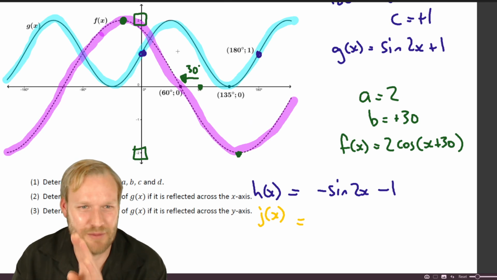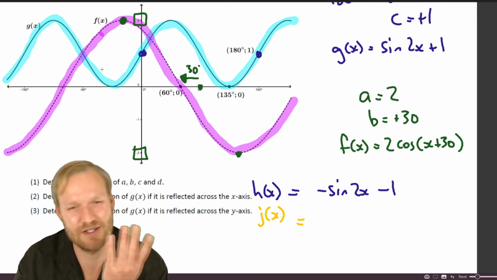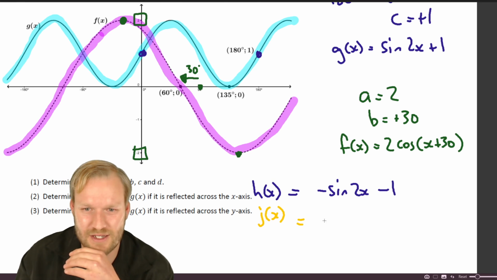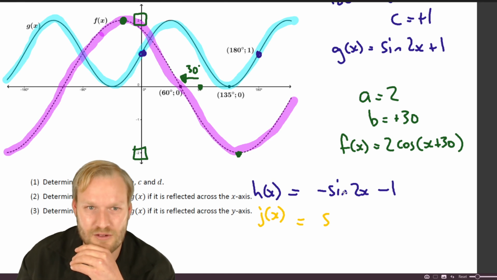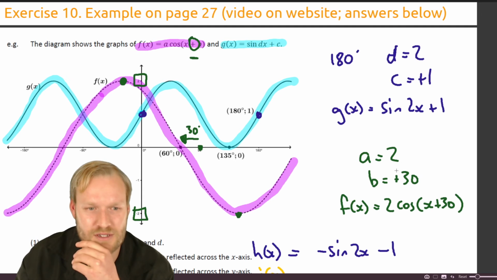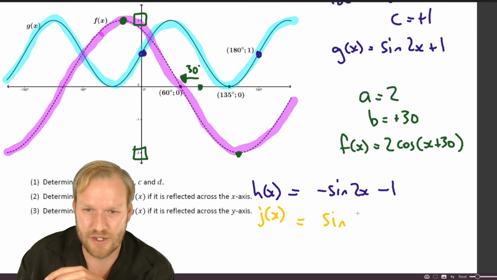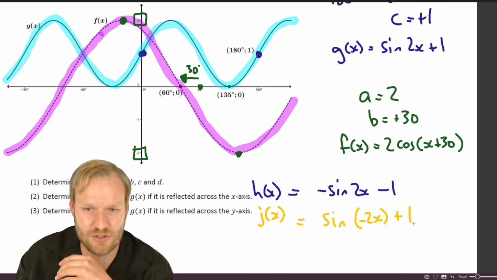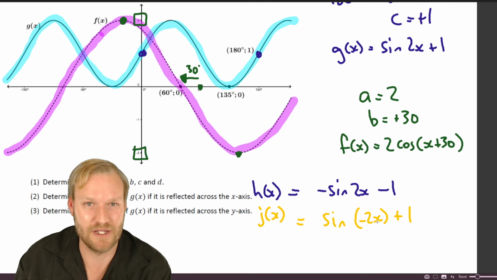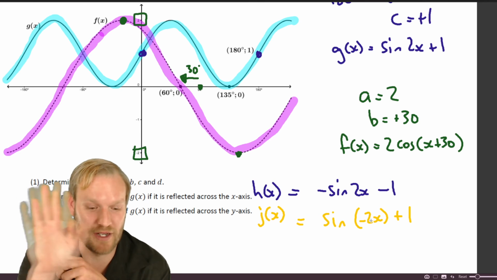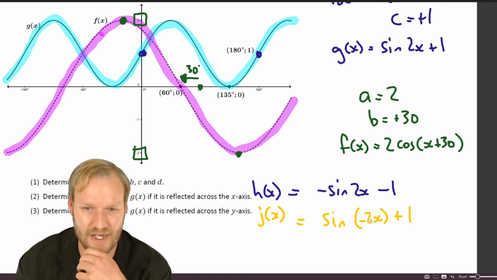Take all the x's and make them negative, or take all the negative x's and make them positive. So we're going to take the same function, the sine graph, and make that sine of negative 2x plus 1. Wherever we saw an x, we made the x negative. That's one way of reflecting about the y-axis.